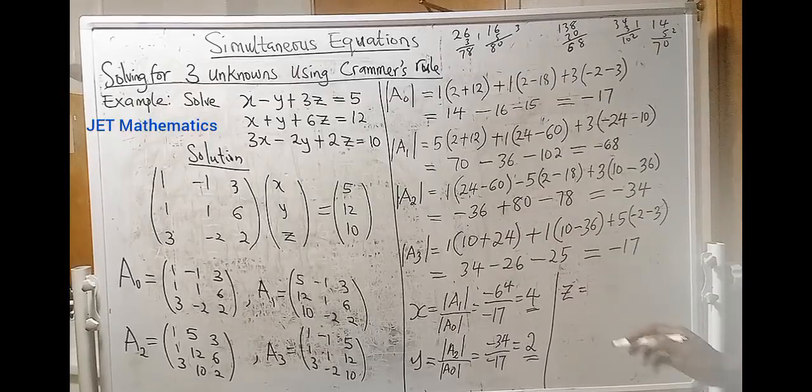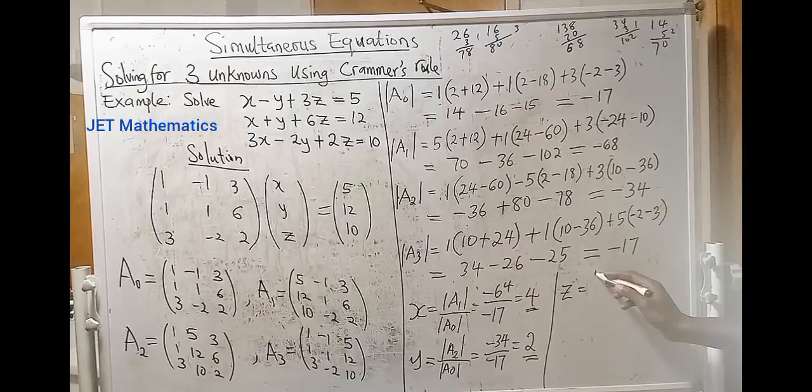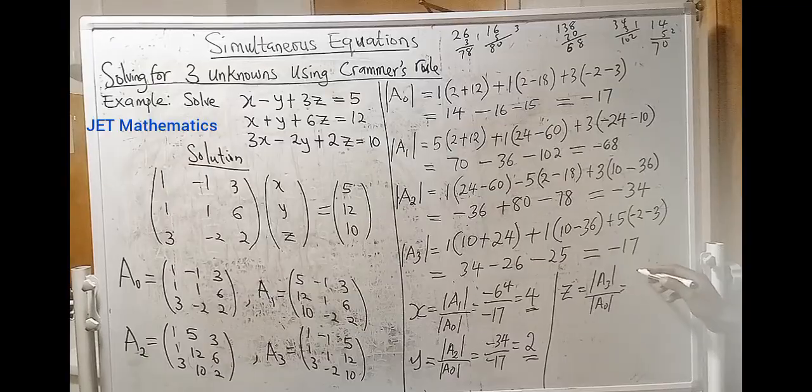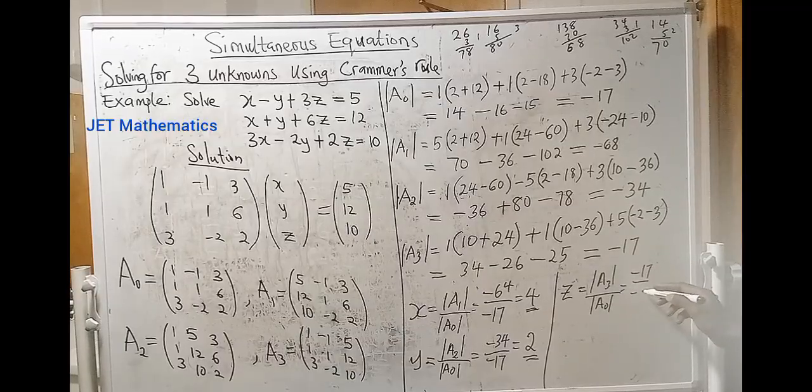And lastly, our z will be equal to a3, the determinant of a3 over a0. That's equal to minus 17 over minus 17, that's equal to 1.